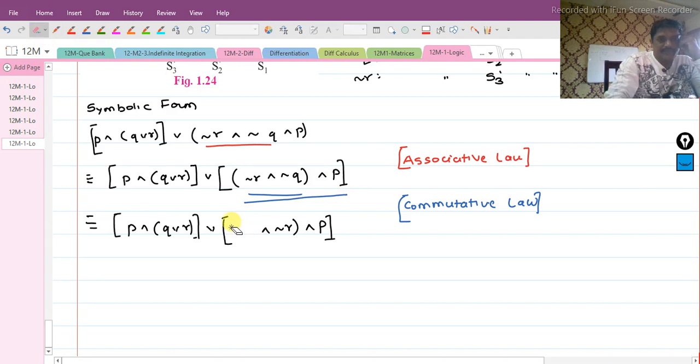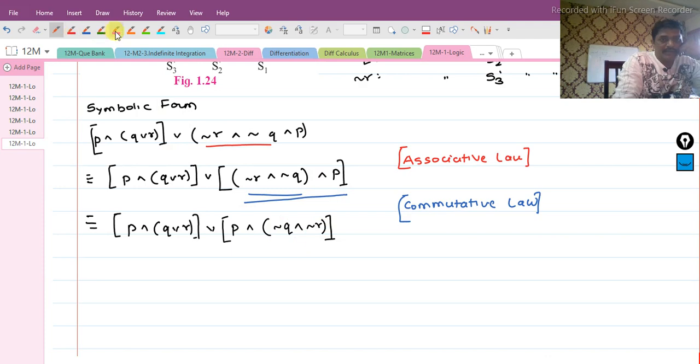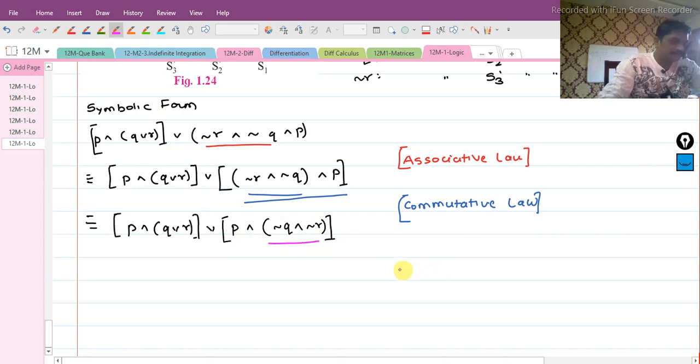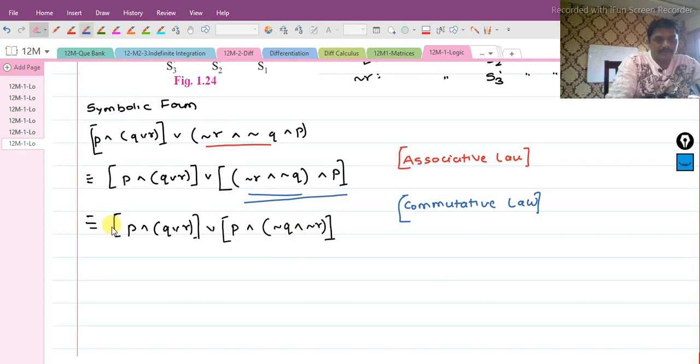So instead of what I'll say here, this is going to be P and negation Q and negation R. अब मैं यहाँ पर डी मॉर्गन्स लॉ अप्लाई करूंगा. डी मॉर्गन्स लॉ, या तो फिर एक काम करते हैं. होल्ड ऑन. आई थिंक आई कैन टेक दिस P एंड जो है, इस P को यहाँ से कॉमन लेते हैं.